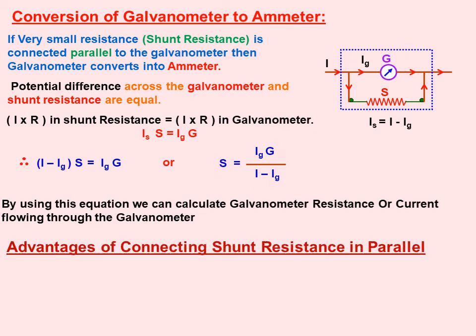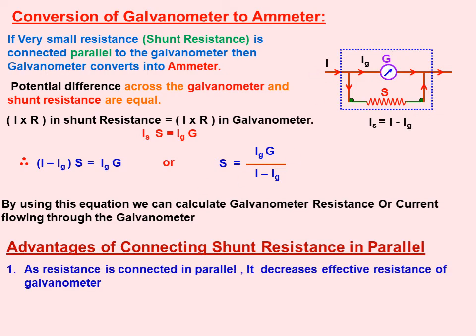Now advantages of connecting shunt resistance in parallel. What are the advantages of connecting this shunt resistance in parallel with the galvanometer coil? We'll see. First, a very important advantage: as the resistance is connected in parallel, it decreases the effective resistance of the galvanometer. Clear? As we have to design this circuit to measure current, so if you connect shunt resistance in parallel, it decreases its resistance, so we'll get full current, so we can calculate the total current in the circuit accurately.